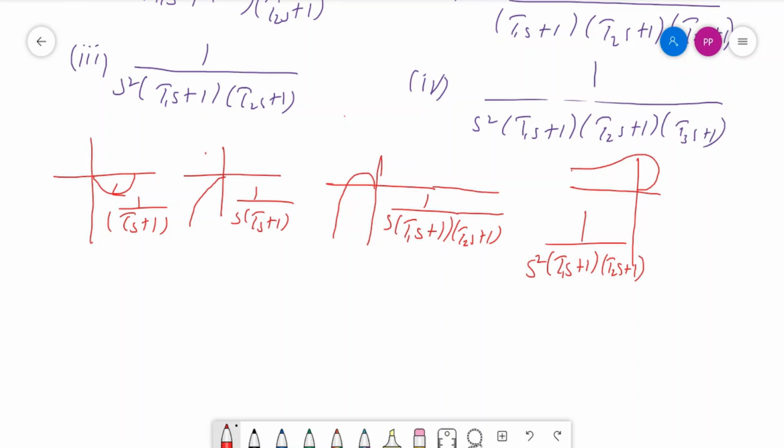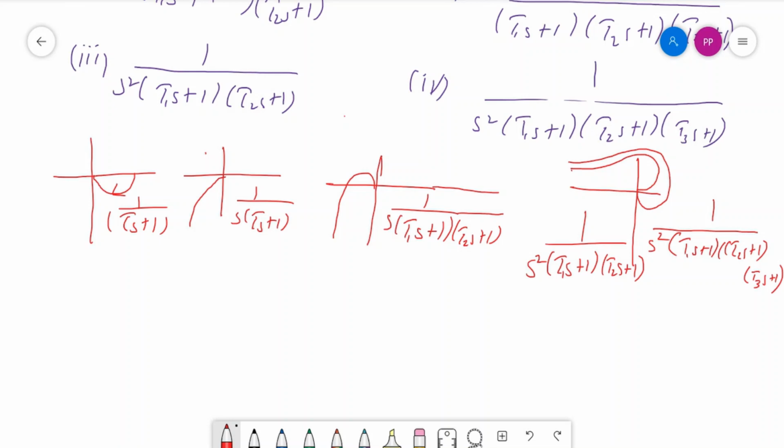Now going a little ahead, if we start from the same point and terminate at a further 90 degree, we can have the change of the factors like tau 1s plus 1 into tau 2s plus 1 into tau 3s plus 1.